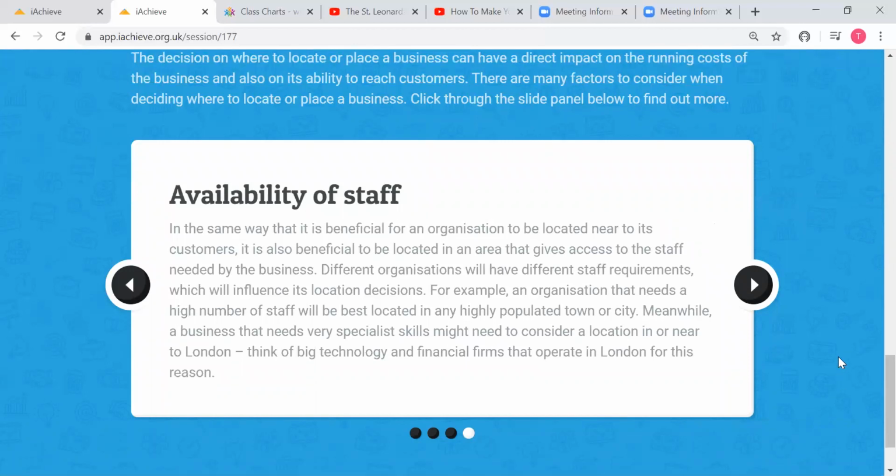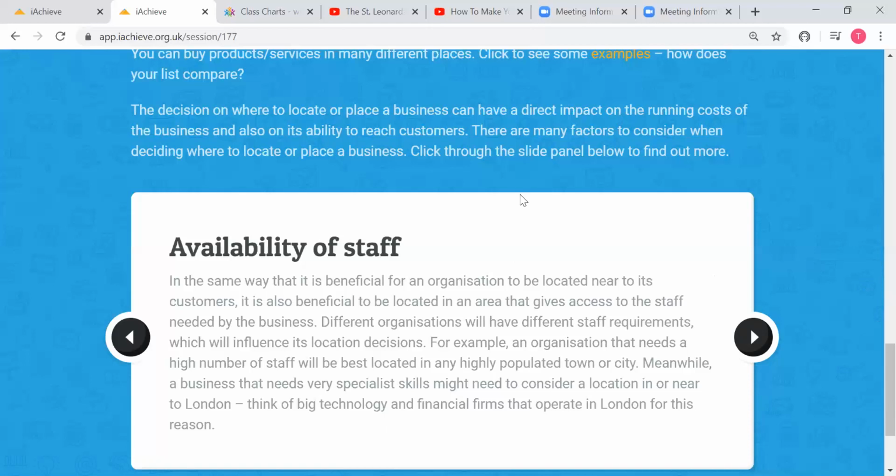So there is a worksheet that has to do with these 4 factors, and it's an opportunity for you to apply those factors and demonstrate that you understand the information. And this is worksheet number 20.